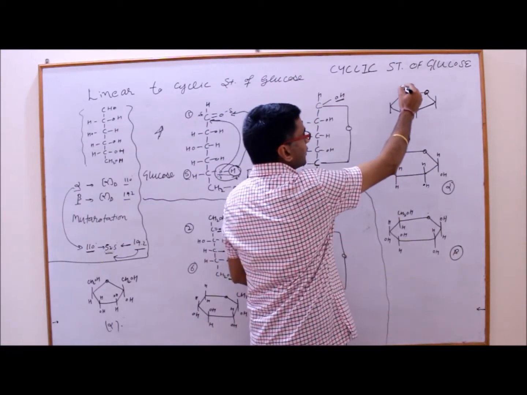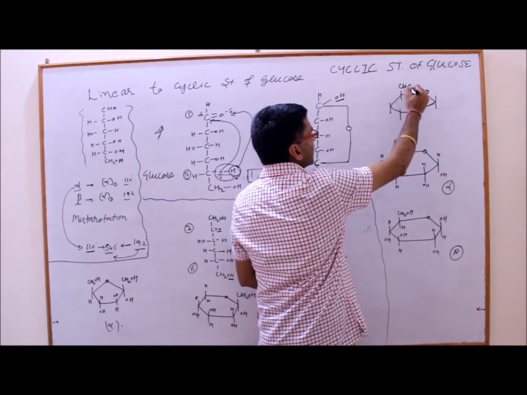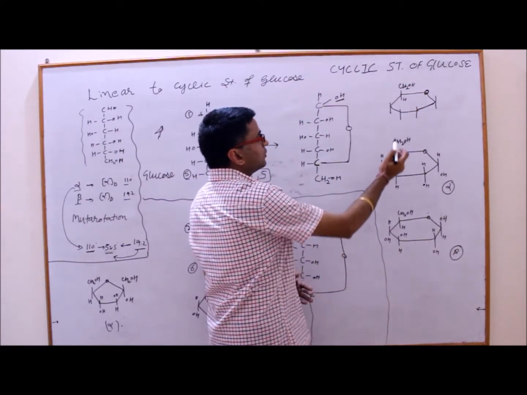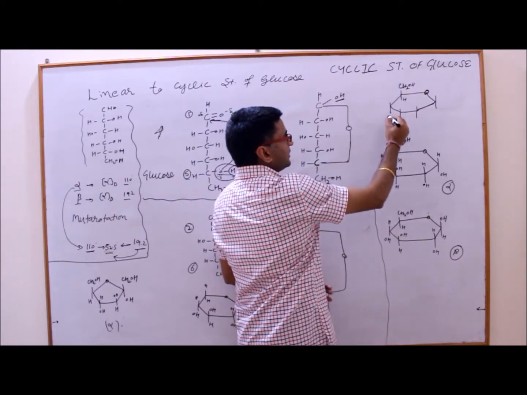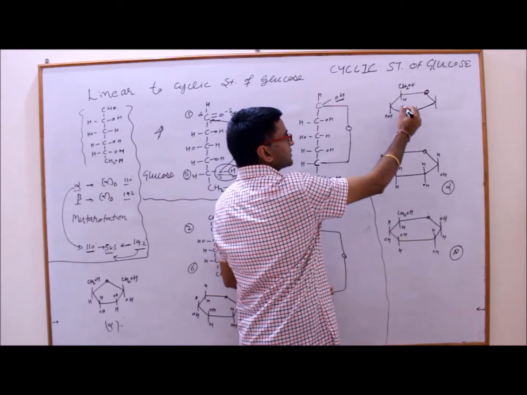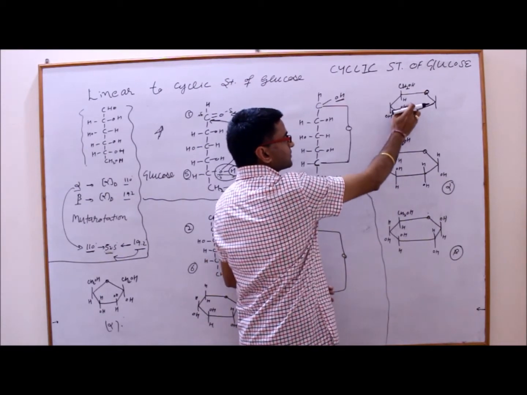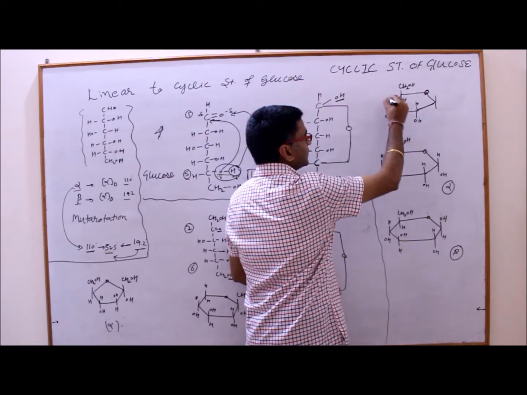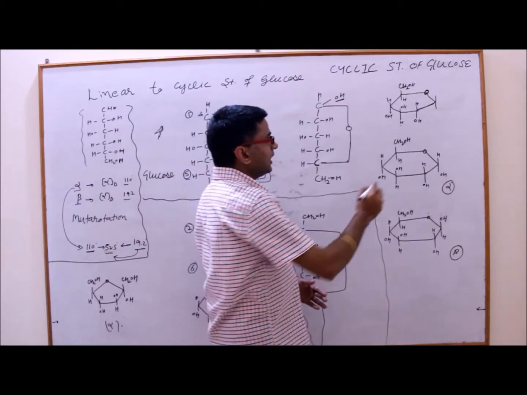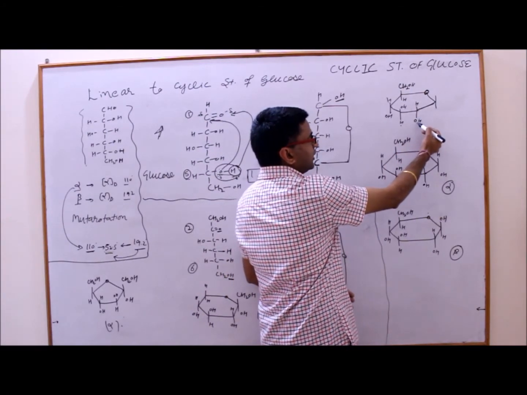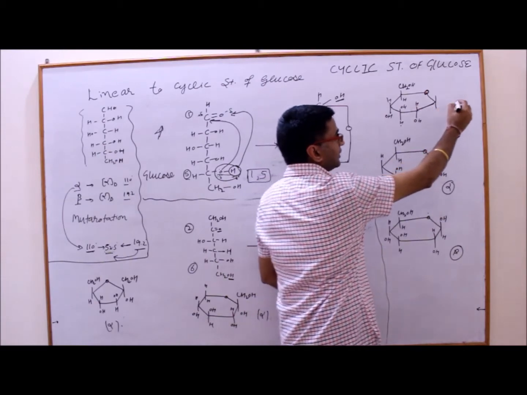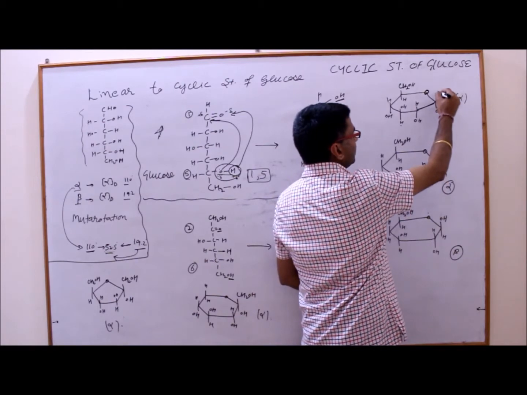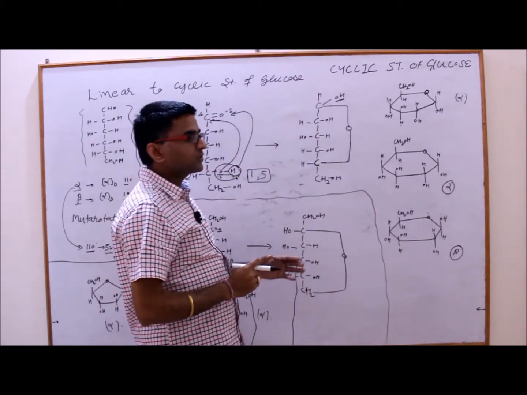On the top left always write CH2OH and then H. Now OH is on the upper side, here OH is on the downside, OH is on the downside, OH is on the upside, OH is on the upside, OH is on the downside in the case of glucose. And now OH is on the downside, OH should go upside, but we are going to draw the alpha form. In the alpha form, OH is always on the downside. So you can remember it in this way.